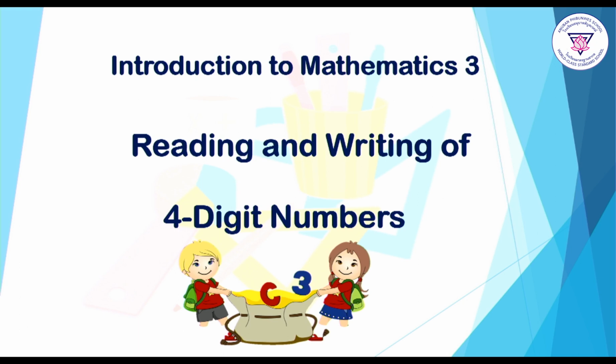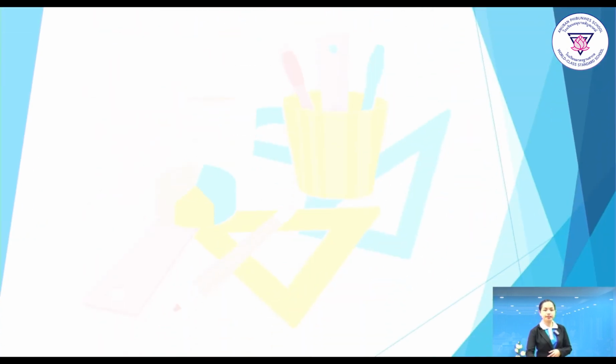Let's start. We have different ways on how to write and read numbers. First, we should know the relationship between the numbers, wherein we are going to group them. When we say group, we are referring to the place value and the value of the number.